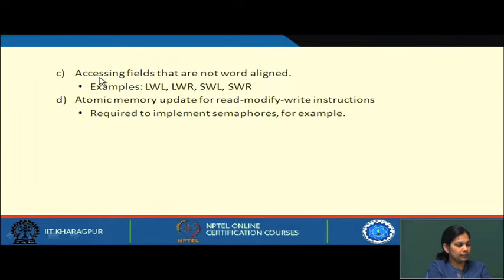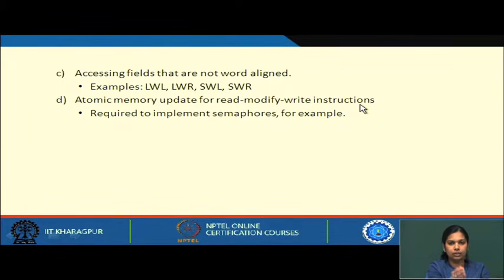Here we have another set of instructions which are used for accessing fields that are not word aligned. The instructions that are used are load word left and load word right, store word left and store word right. And there are some other instructions as well, like atomic memory updates for read, modify, write.